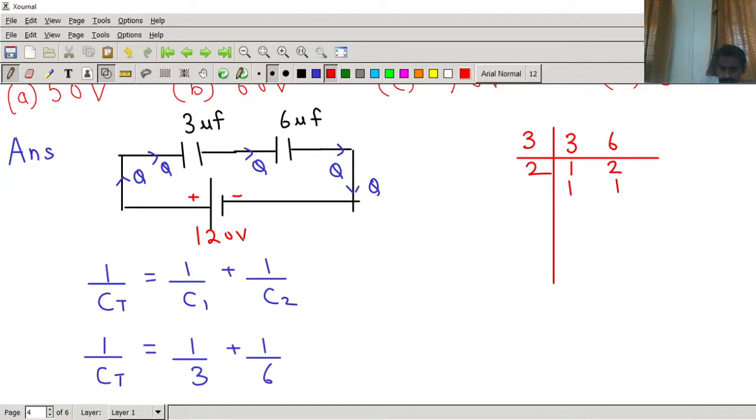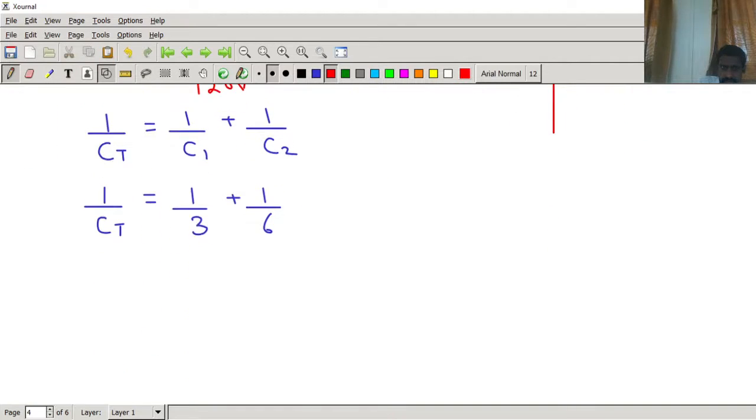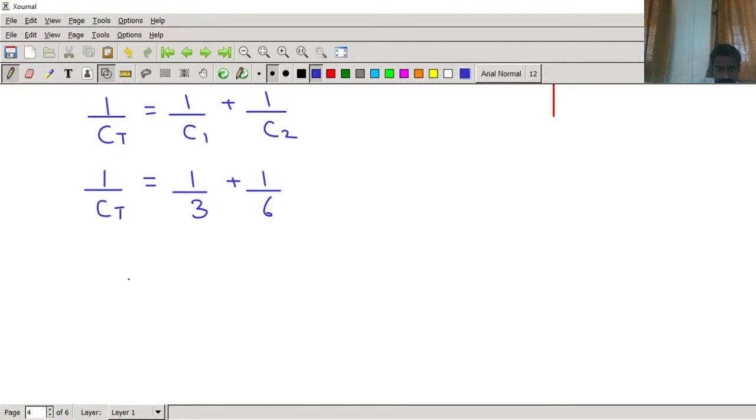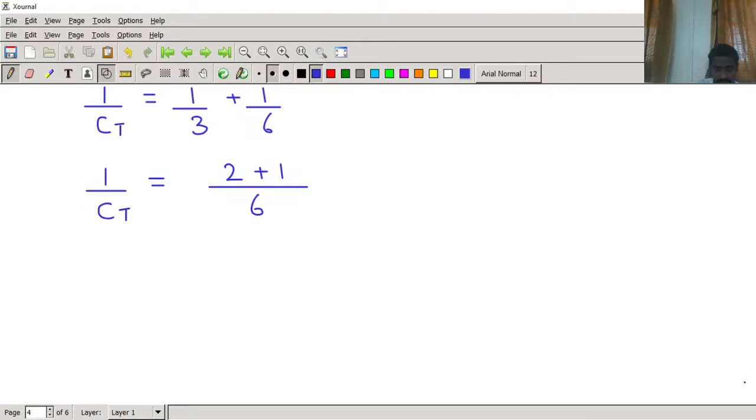So 1 over CT is equal to, with 6 as the LCM, 3 into 2 plus 1 over 6. Therefore 1 over CT is equal to 3 by 6.